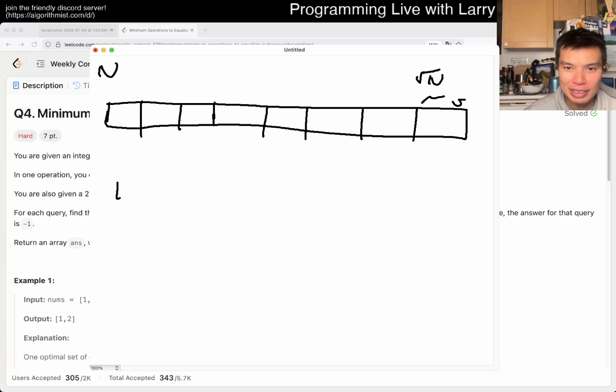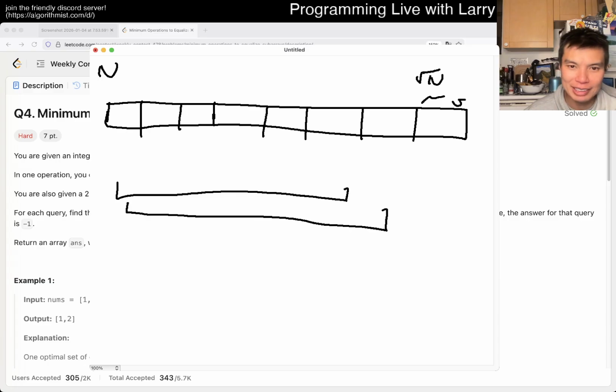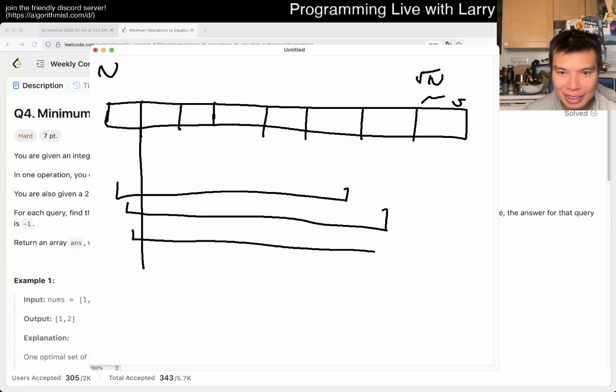The reason is because, in this case, I'm just pretending everything is in the same block, right? And in this case, the right endpoint is sorted even though they're in the same block.